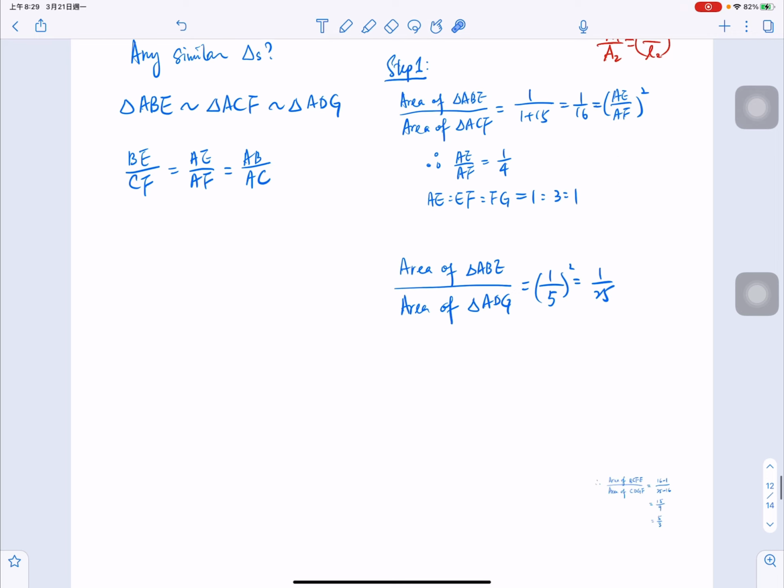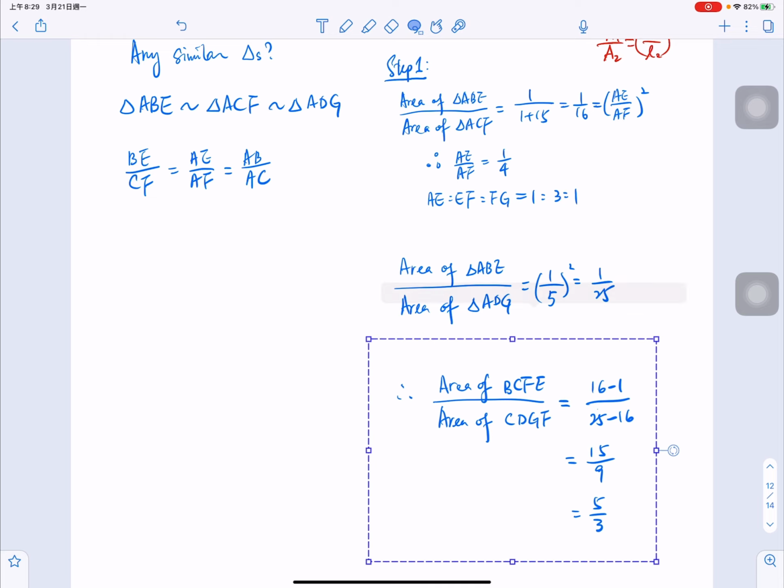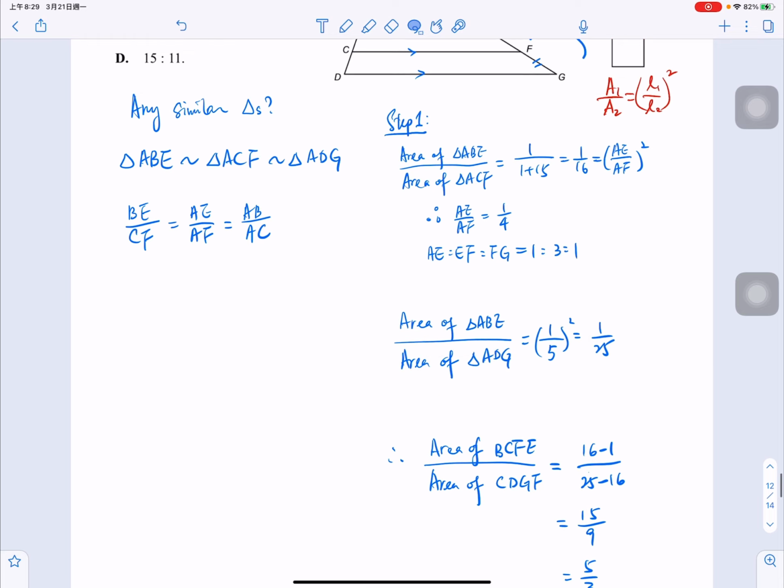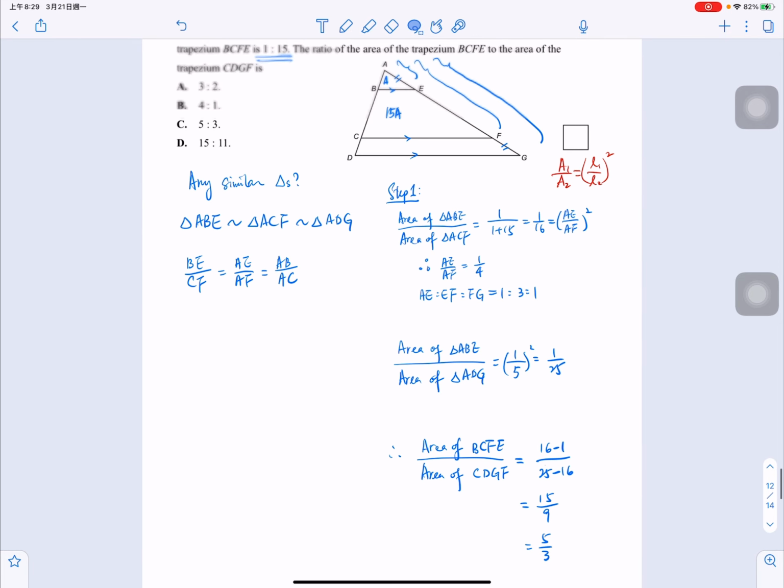So finally, let's see. If you want to find only this part, that means 25 minus 16, the area of CDGF.